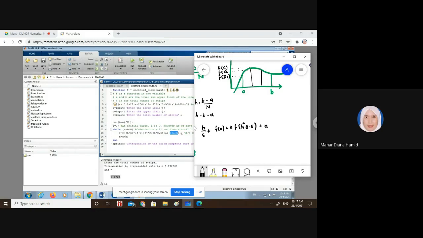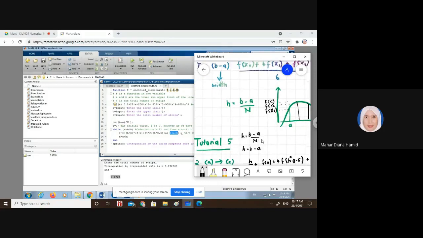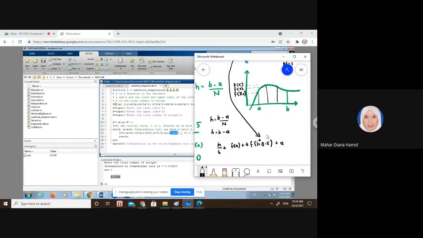So this corresponds to this, and the second one is plus a.